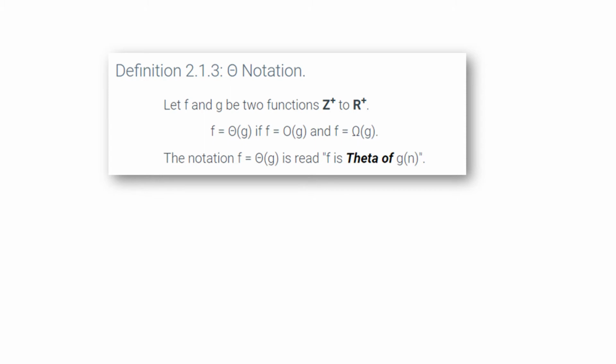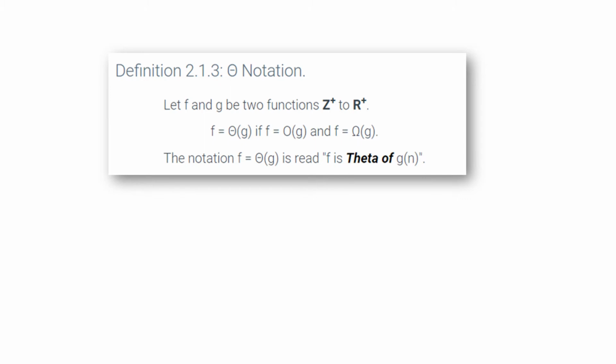Now, finally, we come to theta notation. And don't worry, once you get O notation and omega notation down, this one's pretty easy. So again, we're going to be looking at two functions and comparing them, and we want to know, is f theta of g? Well, here's how we know.